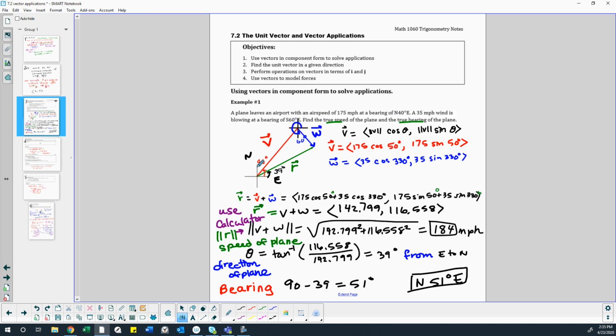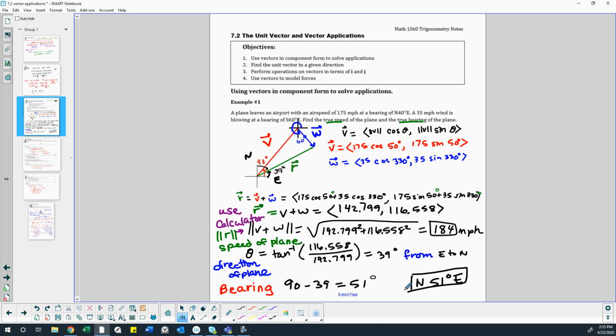So this whole thing from north to east or east to north is 90 degrees. We know that this angle from east to the resultant vector is 39. We need the angle from north to the resultant vector. So we're just going to go 90 minus 39, which is 51 degrees. And then we rewrite our bearing as north 51 degrees east.